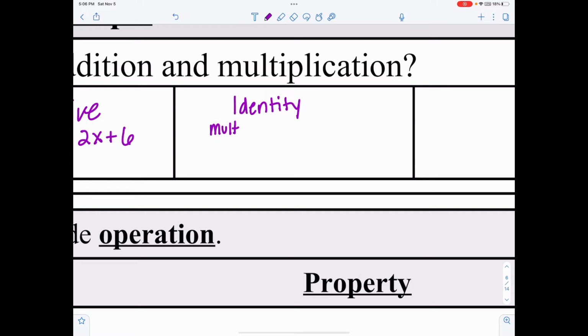So for multiplication, that identity is times 1. And for addition, that identity is plus 0. Okay. So for example, 1x also equals x because anything times 1 is itself. X plus 0 still equals x.